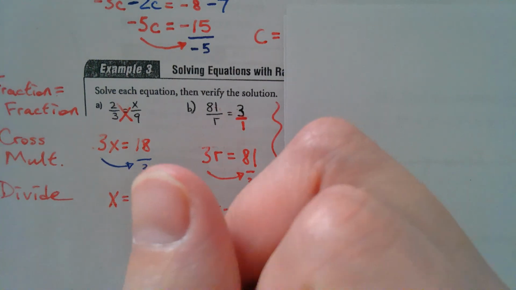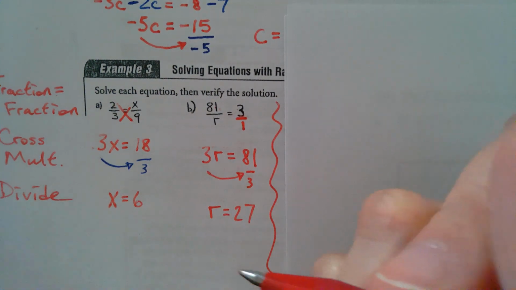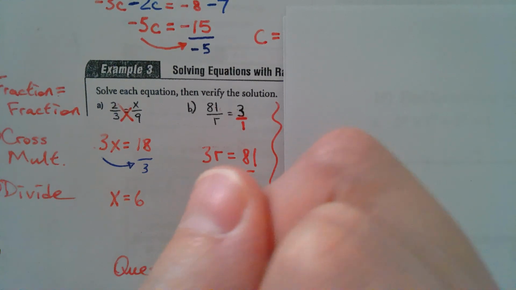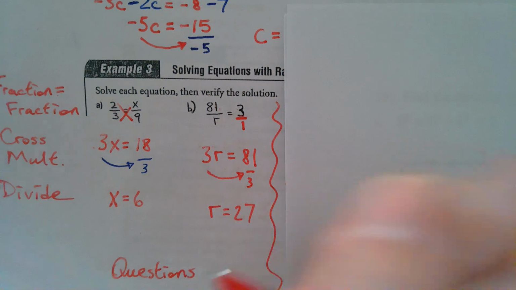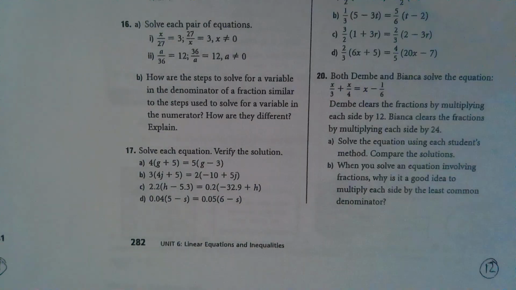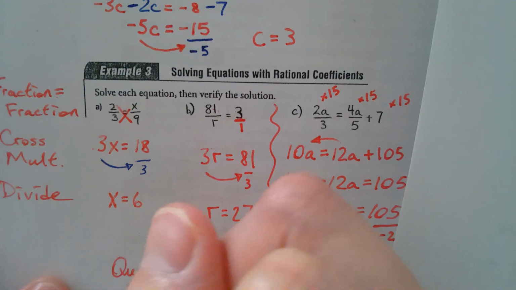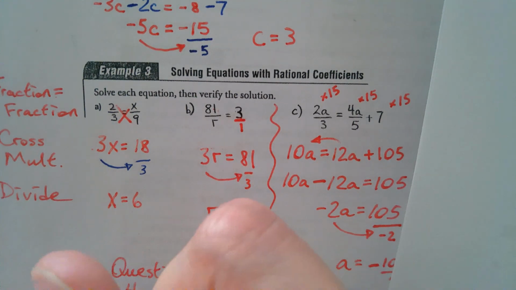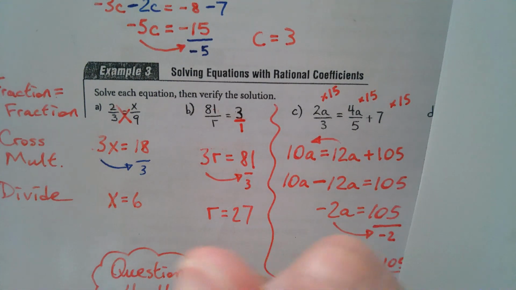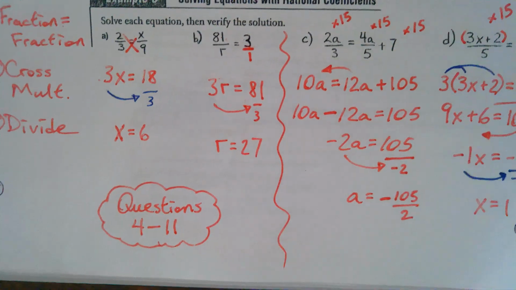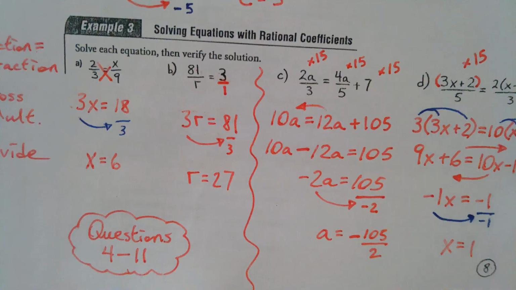For the rest of the class, please work on questions, just questions, not the page. Questions 4 to 11 on the next page. Okay, so questions 4 to 11 on pages 10 and 11.